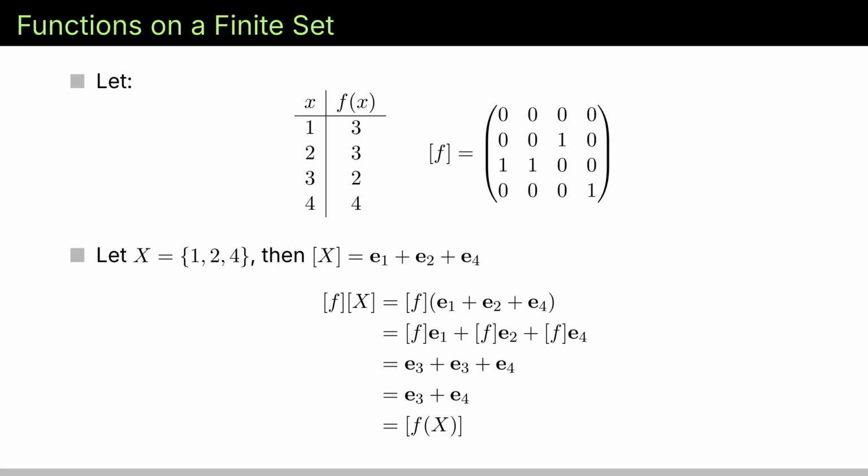But because we're working in the Boolean semiring, 1 times e3 plus 1 times e3 is equal to 1 plus 1 times e3, which is just 1 times e3. So we don't get information about multiplicities. Instead, we just get the image of f viewed as an ordinary set. And there are pros and cons to both approaches.